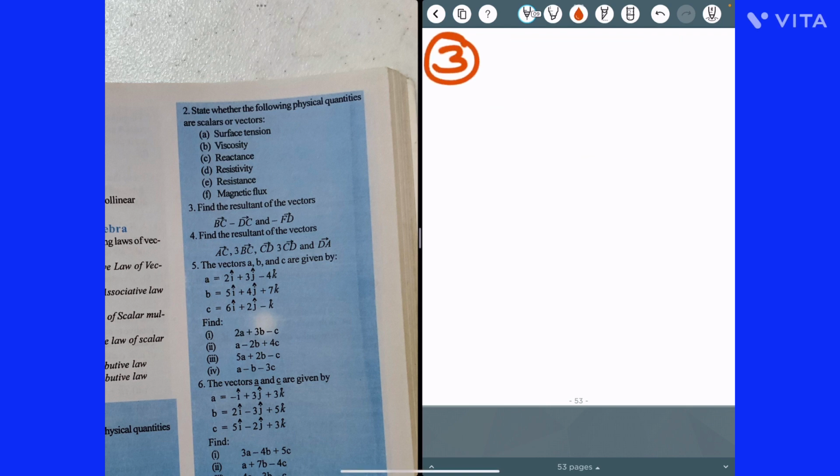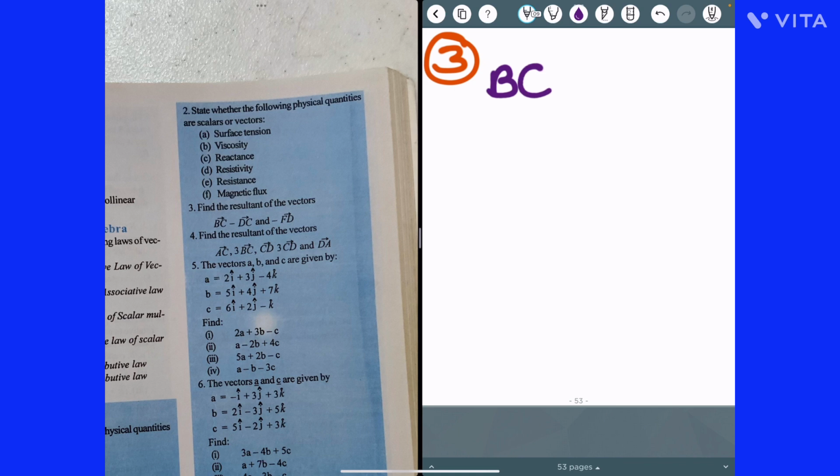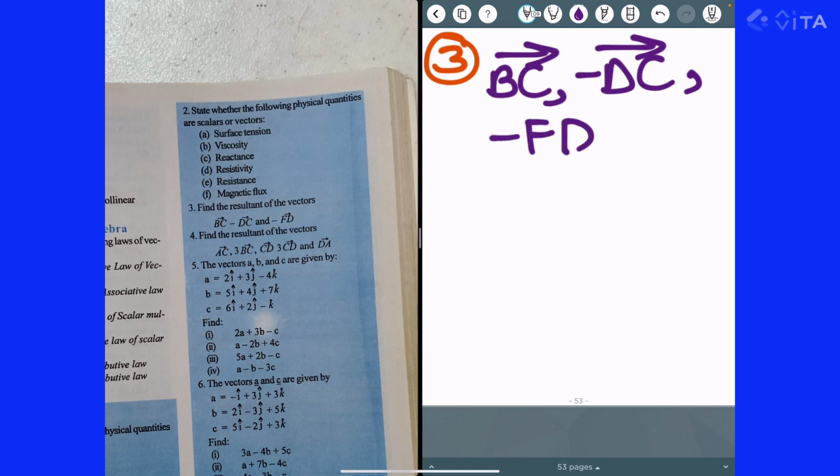Let me change my ink to orange. Find the resultant of the vectors BC minus DC, and minus FD.